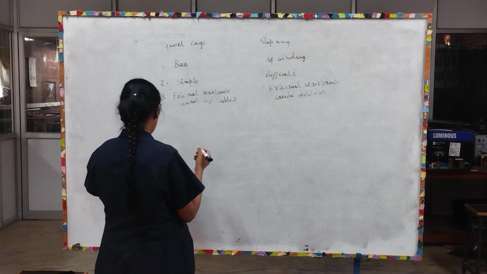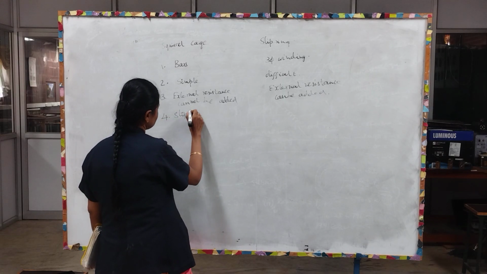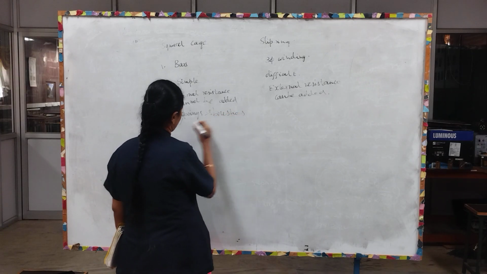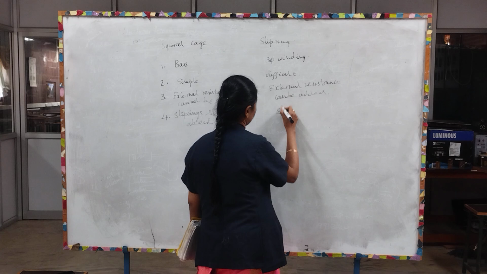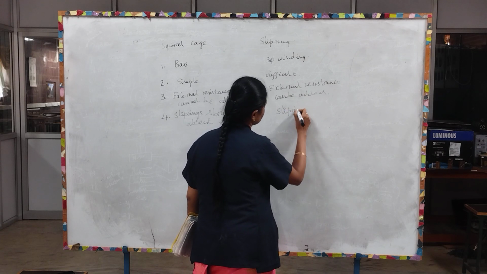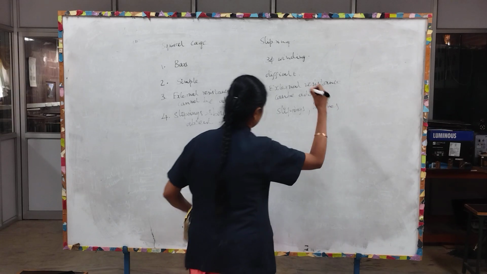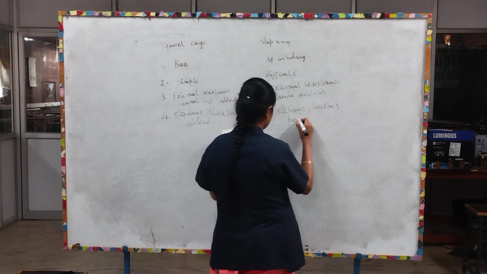In squirrel cage, slip rings and brushes are absent. In slip ring, slip rings and brushes are present.